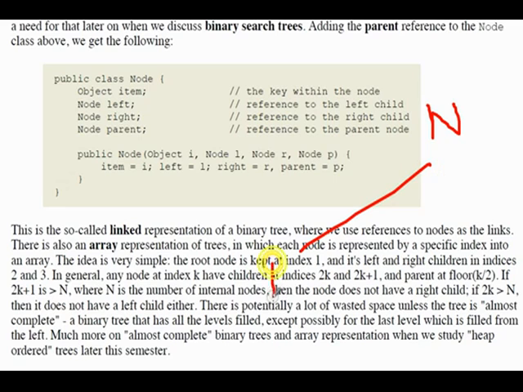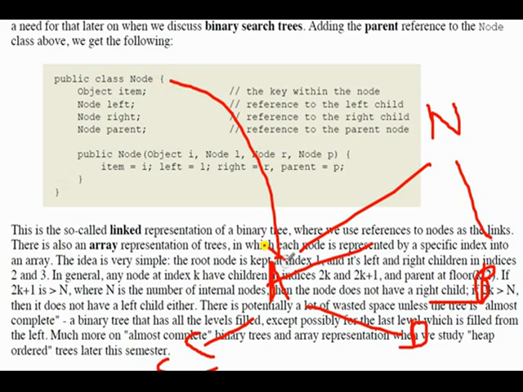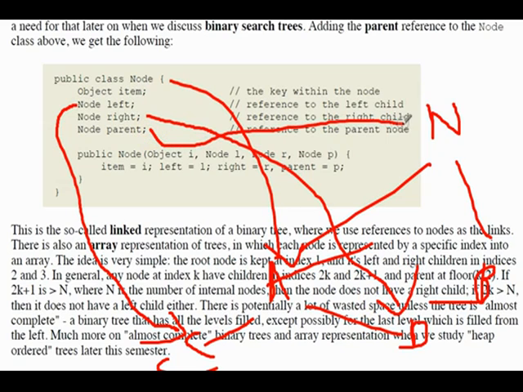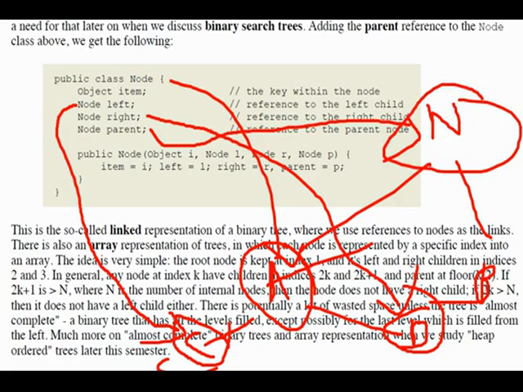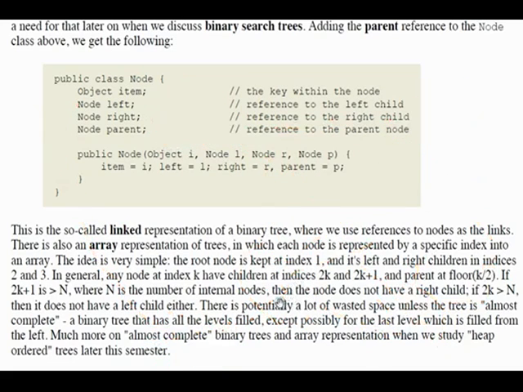N, A, B, C, D. Consider we are considering A. Left would be C. Right would be D. Parent would be N. So that's how A is. It has C on the left, D on the right, and N as the parent. So I think you know the structure now.